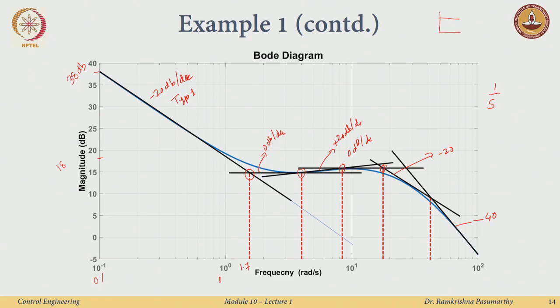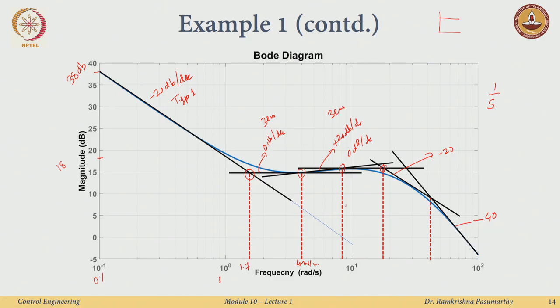Now next I go further. I start at minus 20, and I encounter a quantity which increases the slope by plus 20, so there is a 0 here. Similarly at this frequency, which is about 4 radians per second, I can just measure it through these lines here, I encounter another 0 because the slope increases from 0 to 20.